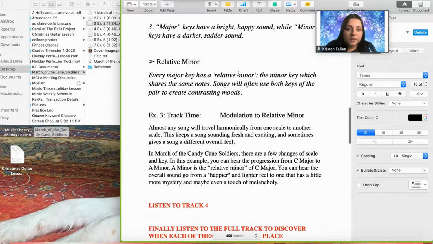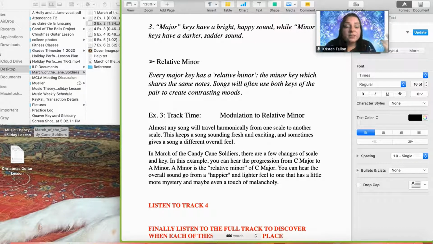And the third thing to listen for is the transition from major to minor. Now, this is just the general sound of the song, and you can really hear it and consider it like a feeling. So major keys have a bright, happy sound.